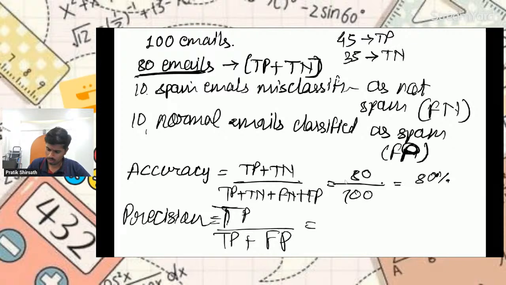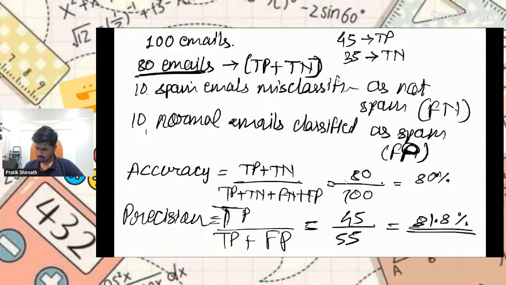If I'm not wrong in my math, yeah, it makes the total of 80. So TP is 45 divided by TP plus FP. TP is 45 plus FP, FP is 10, so 55. So this will give me 81.8%, if I'm not wrong. Yeah, 81.8% precision.